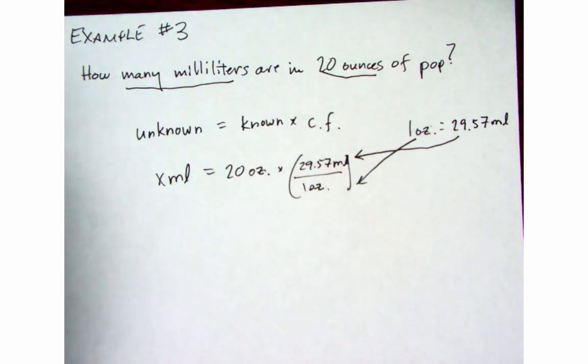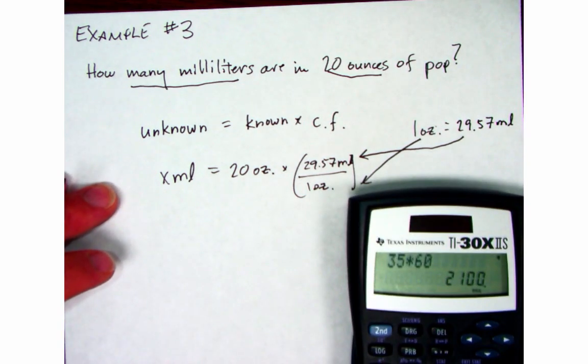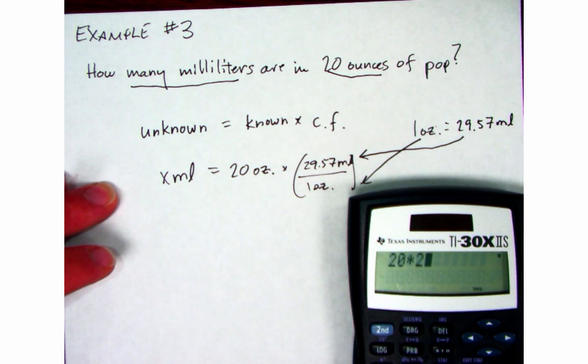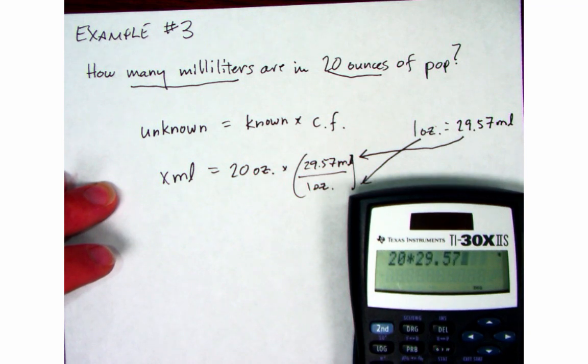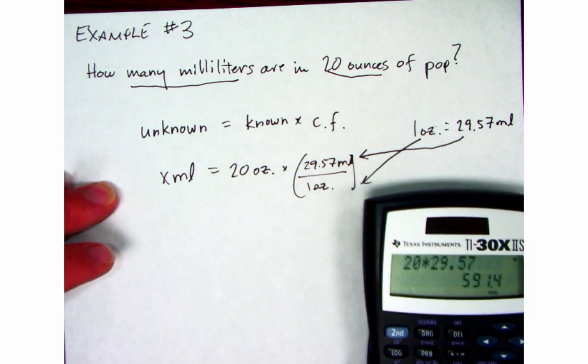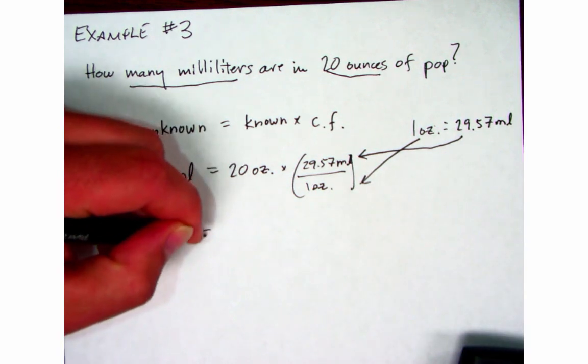So let's see what 20 times 29.57 is. And I get 591.4.